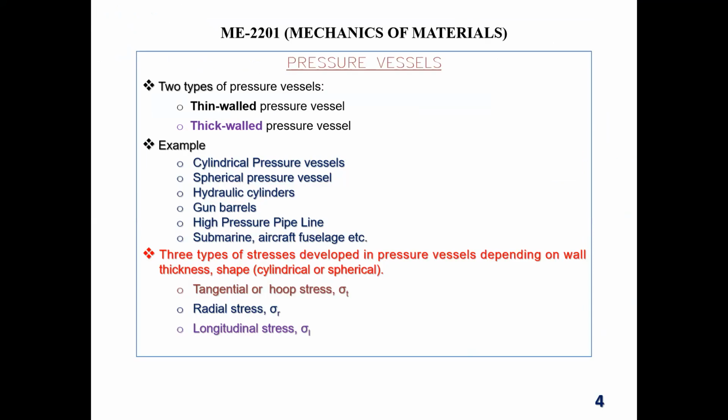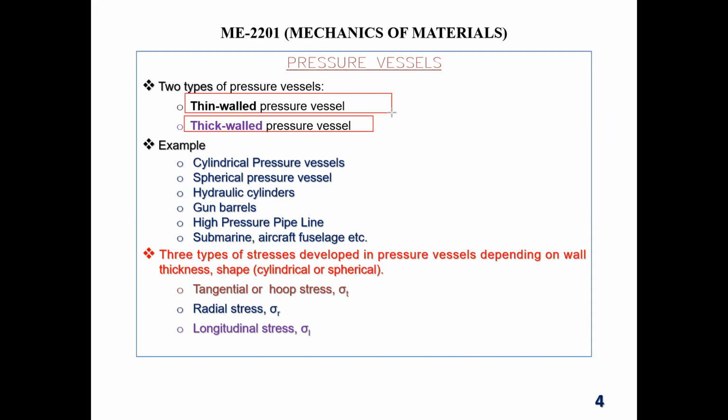So this much we discussed in the last class, that there are two types of pressure vessel, thin wall and thick wall pressure vessel. If there are two types, obviously there will be two different formulas, one for thick wall and the other for thin wall. But at undergraduate level, normally we teach thin wall.